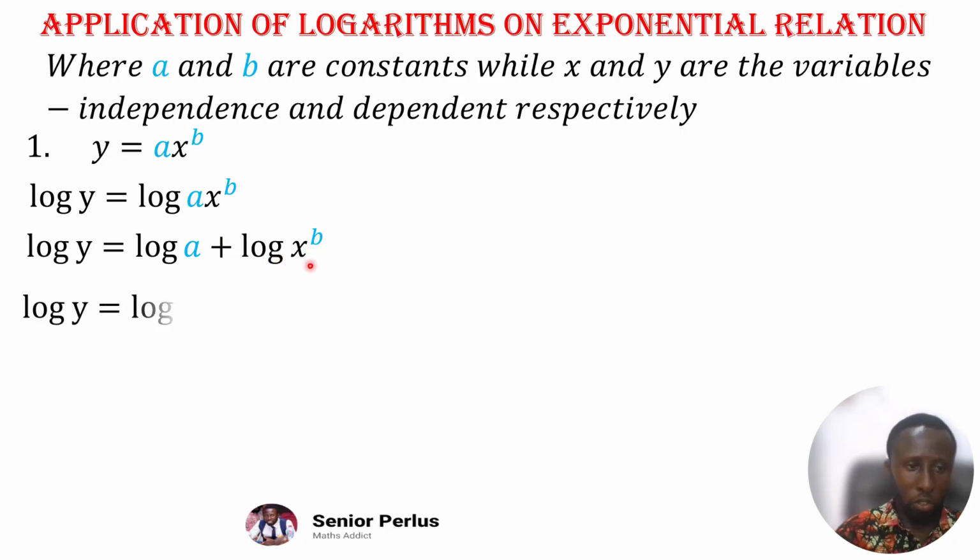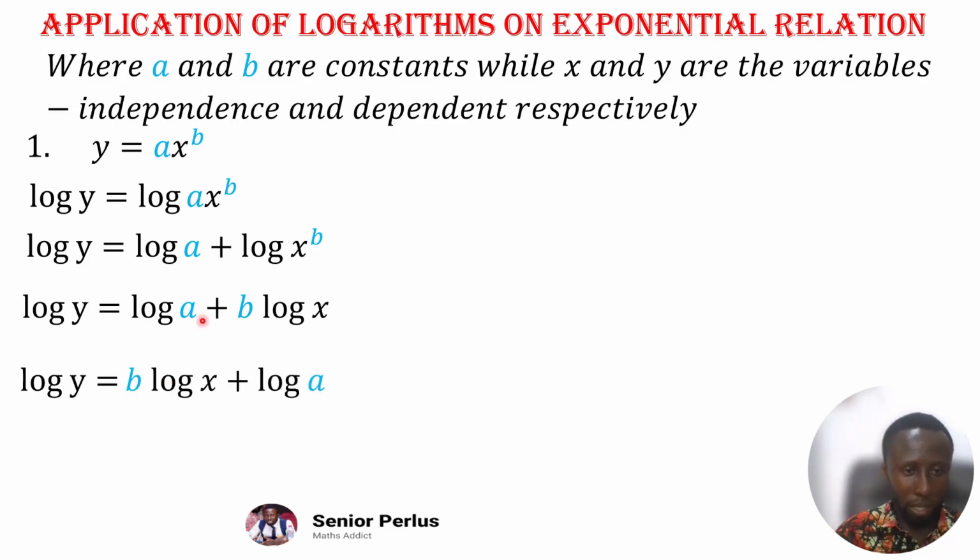So let's rewrite this. Let me rearrange this one nicely like this. I want it in this form. The same thing, but let's arrange this. Now I want to compare this with the equation of a line. That's the intercept, y, the gradient.